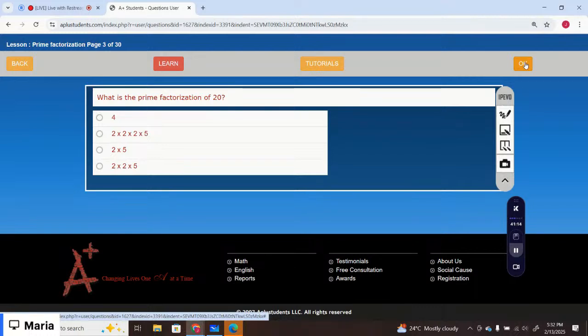What is the prime factorization of 20? That is 2 times 2 times 5. Option number 4 is the correct option.